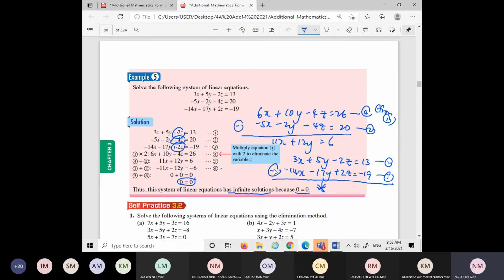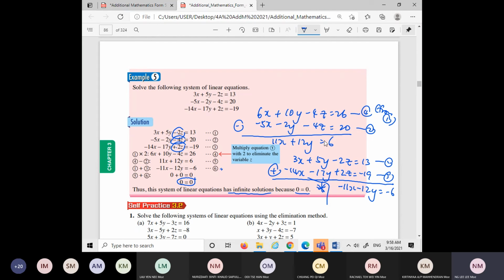No, sorry, do plus, because of different sign. So this one you get negative 11x, this one you get negative 12y, then this one you get negative 6. So this is how you get this.